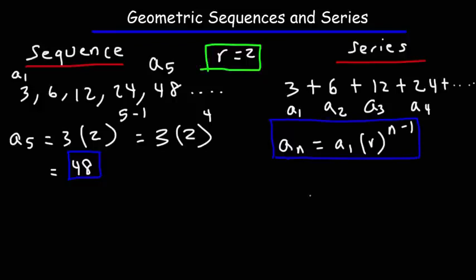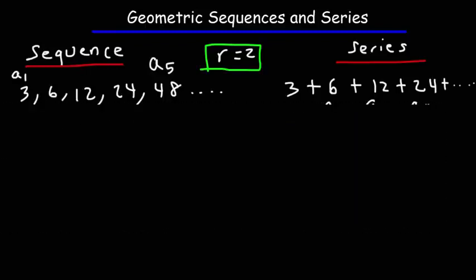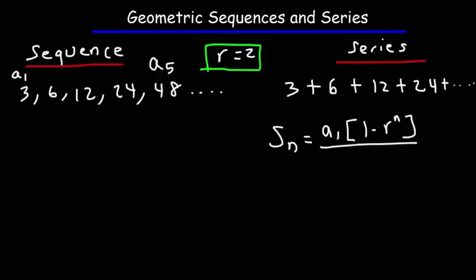The next equation you need to be familiar with is the partial sum formula. The partial sum of a geometric series is the first term times 1 minus r raised to the n, over 1 minus r.